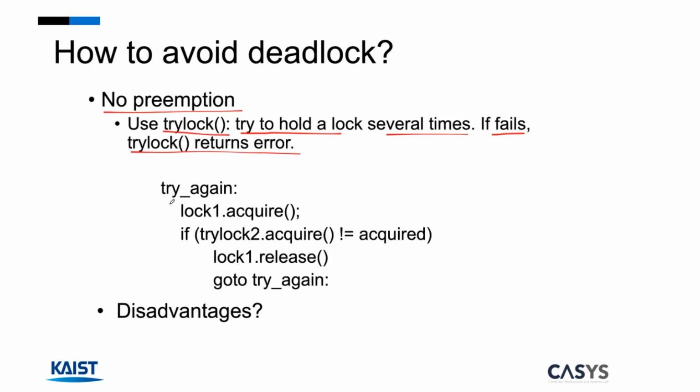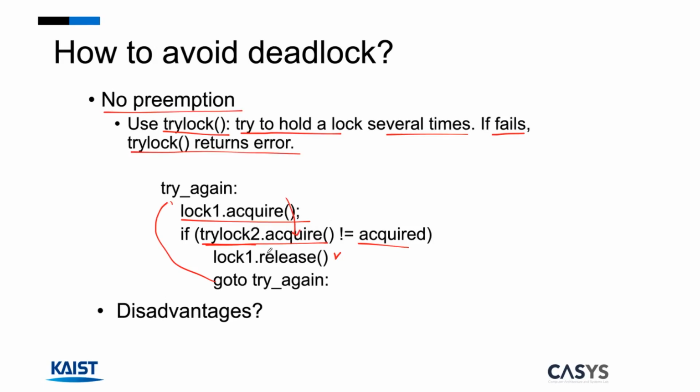So try lock works like this. You first hold a lock at the beginning, say, and then to acquire a resource, you need to try the second lock. If you fail to acquire the lock, then you have to release the lock you hold, go back, and try holding the lock again.